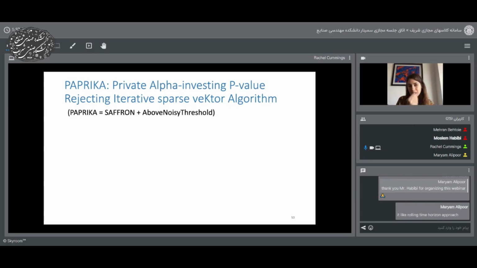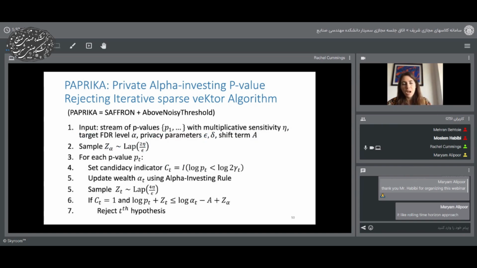And this is basically SAFFRON plus above noisy threshold we've seen before, although of course there are a bunch of tweaks, but at a high level, it is this. So I'll just point out a few of the key things happening here. We're still going to sample noise, and this is the noise applied to our threshold.